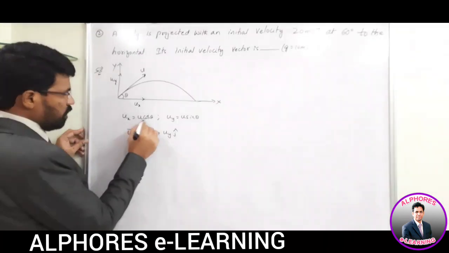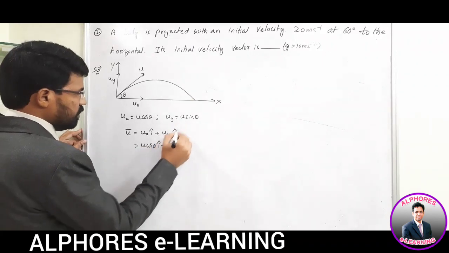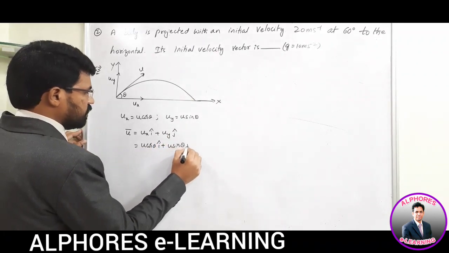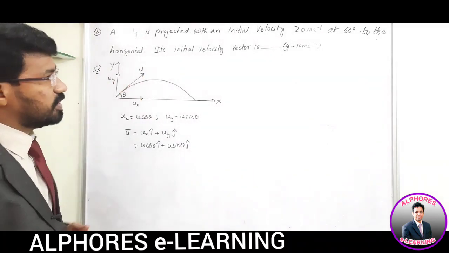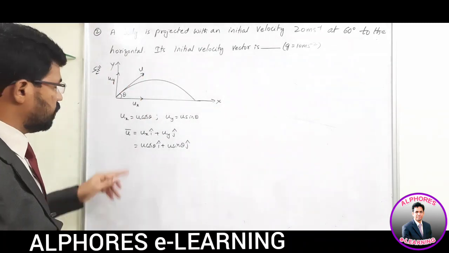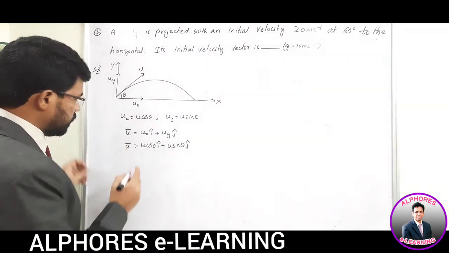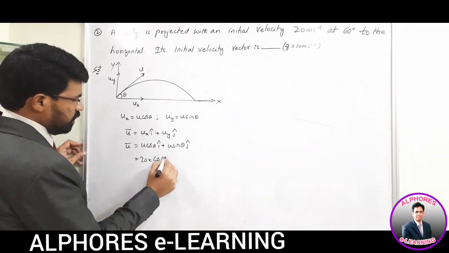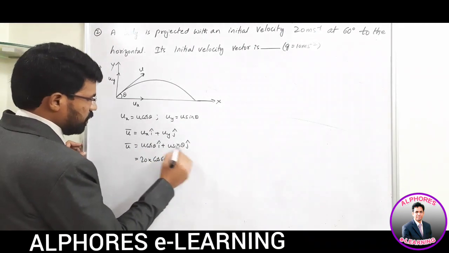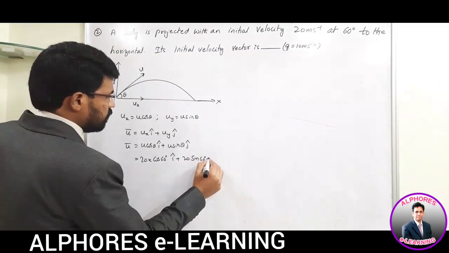So ux is u cos theta into i cap plus uy is u sin theta into j cap. Here theta is given as 60 degrees, and u value is also given. So can't we find the vector form of the initial velocity? Yes, of course. So u is 20 cos 60 degrees into i cap plus 20 sin 60 degrees into j cap.